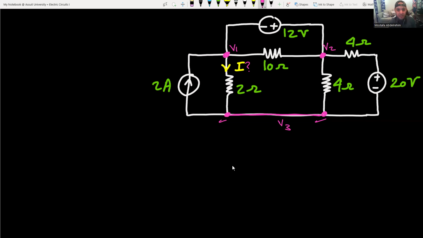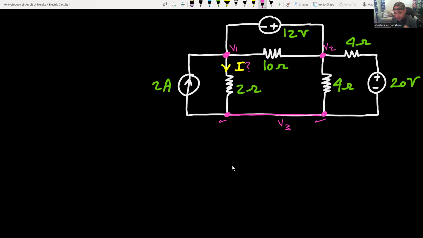First step done. Second step, take one of the nodes that you found and assign it to the ground. We can choose any one. V1 can be ground, V2 can be ground, V3 can be ground. It doesn't matter. Of course, based on what node you choose as ground, the values of the other nodes will change, but the voltage difference, which matters to us across any resistance, will be the same.